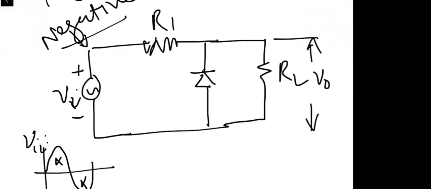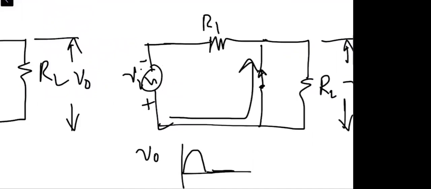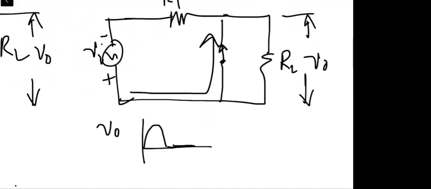In the negative limiter circuit, we considered previously the diode as an ideal diode, and in that case, we obtain the output like this.